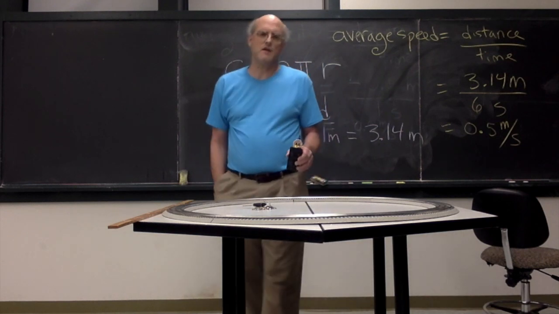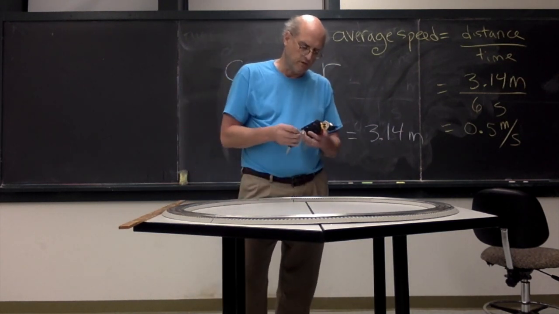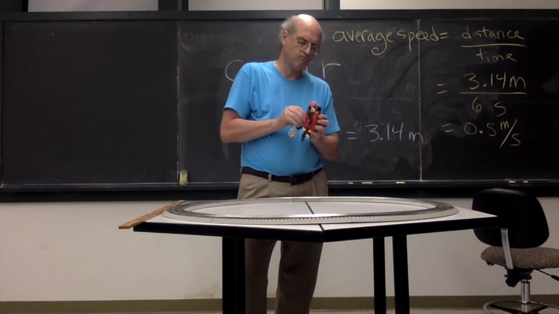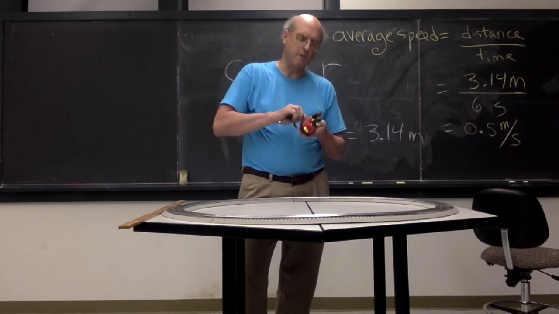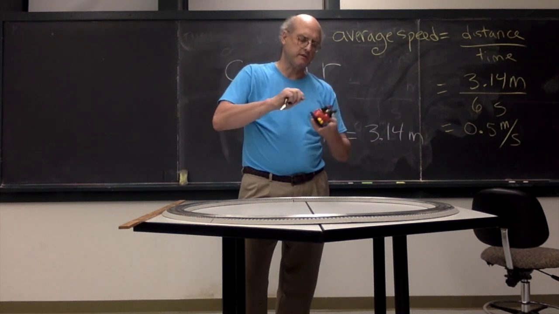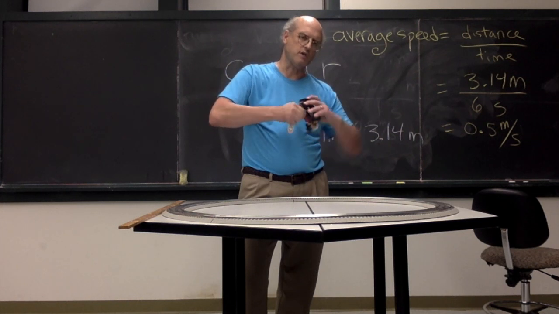How about its average velocity? Let me wind it up again, so that it has the same average speed. But now, I want you to figure out the average velocity of this toy going once around the track.